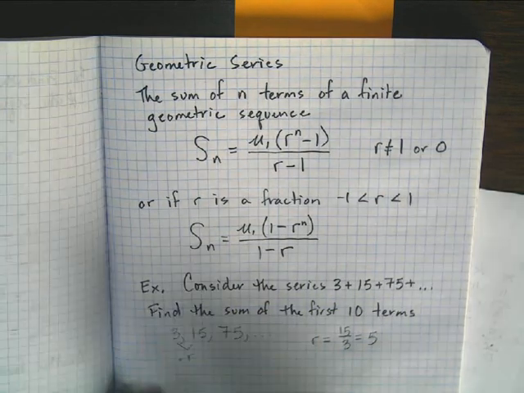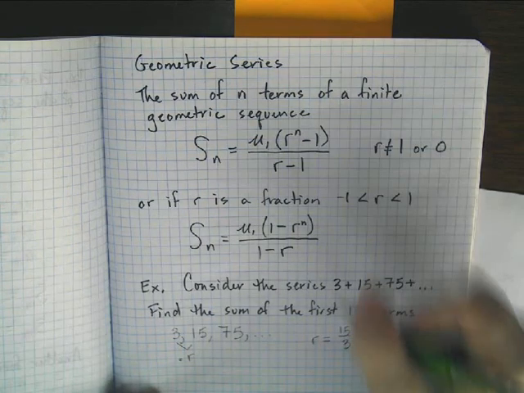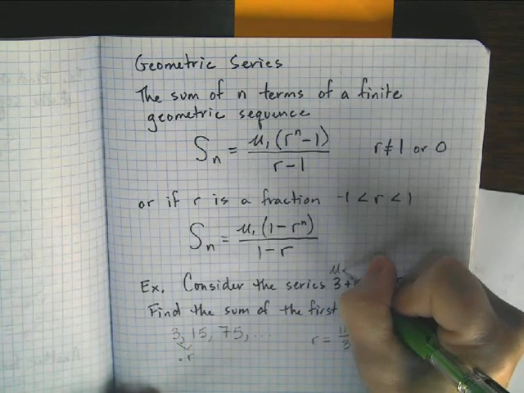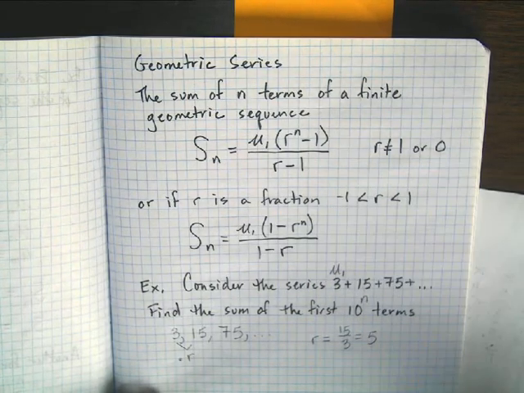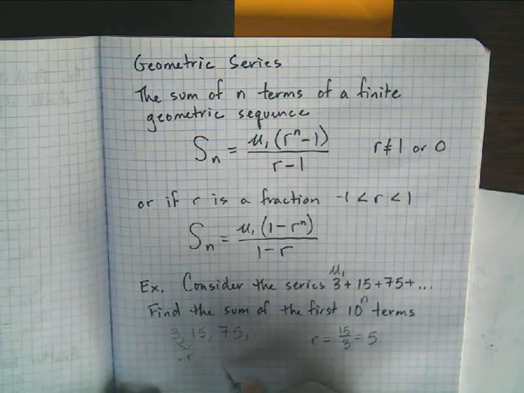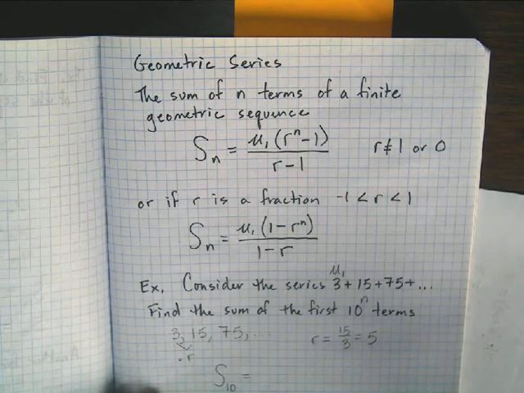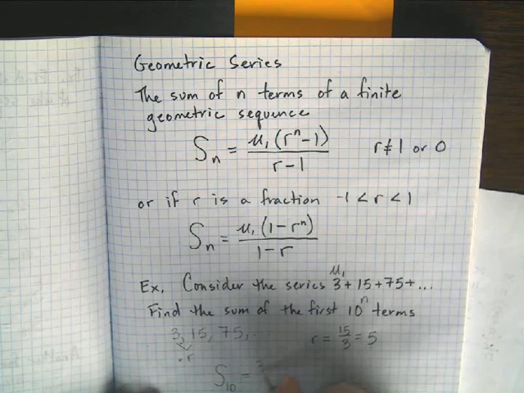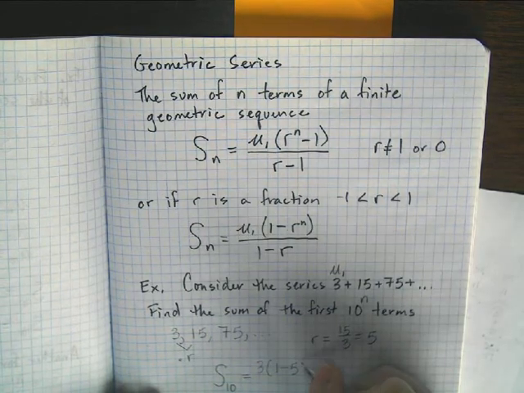So now I think we have everything we need, right? So we have the common ratio. The 3 here is my u sub 1. My n is going to be 10, and now we're good to go. So the sum of 10 terms is going to be equal to u sub 1 is 3, 1 minus r is 5, to the nth, n is 10.